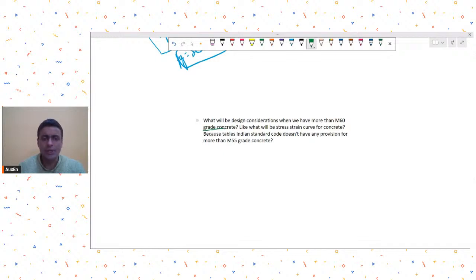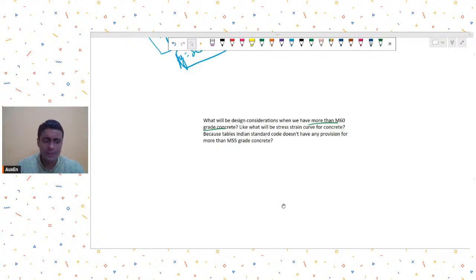See, your Indian code tells you... Mr. Harish is saying that beyond M55 grade, there are no stress strain diagrams. No, I don't think so. That's not the case. I don't remember anywhere seeing that.